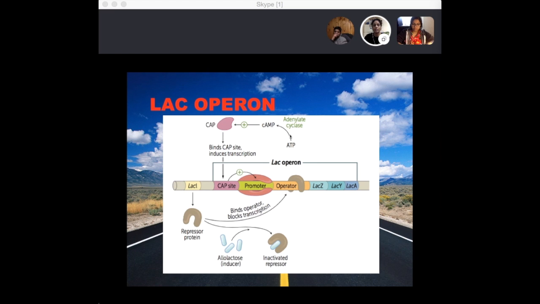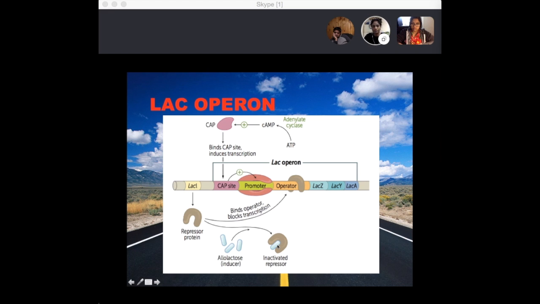But these two processes are still not 100% foolproof in preventing things from happening. Especially in the case where you have both lactose and glucose present, and the organism needs to figure out what they want to use. The lacI is not going to bind to the operator because, of course, there's lactose available.